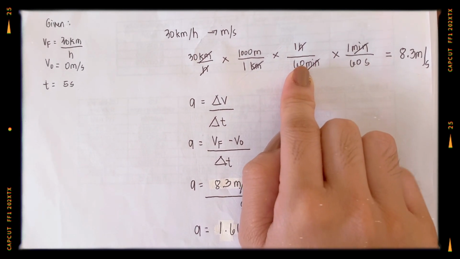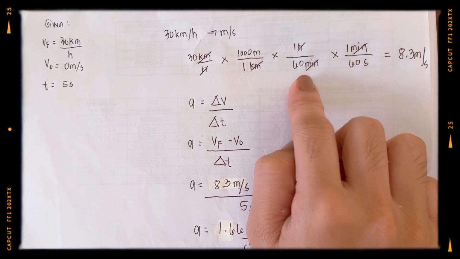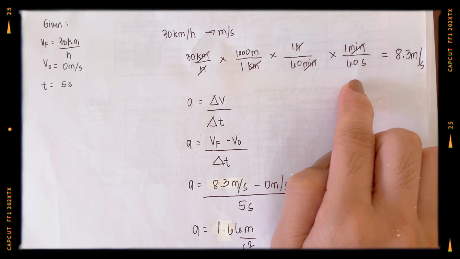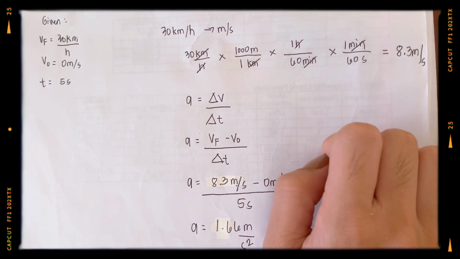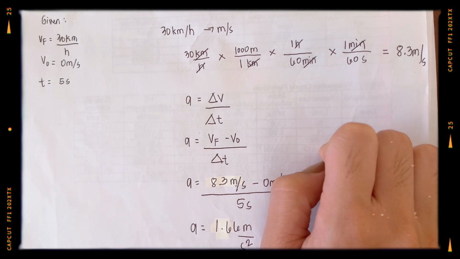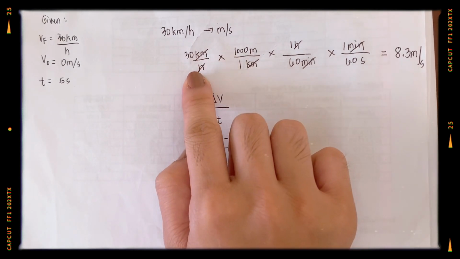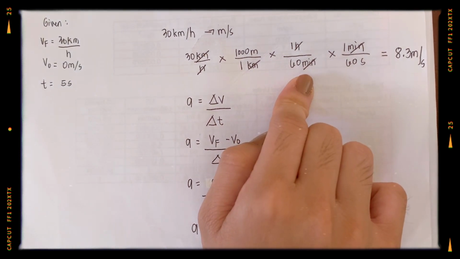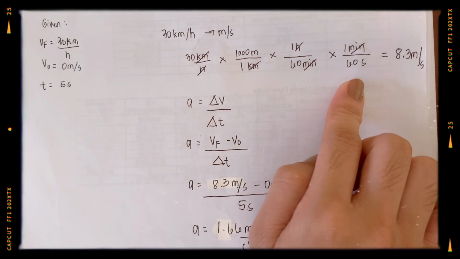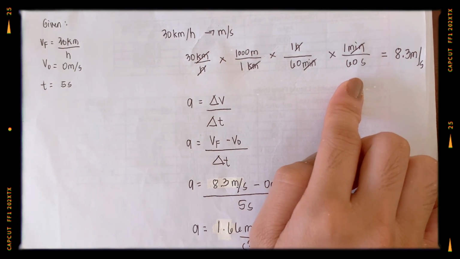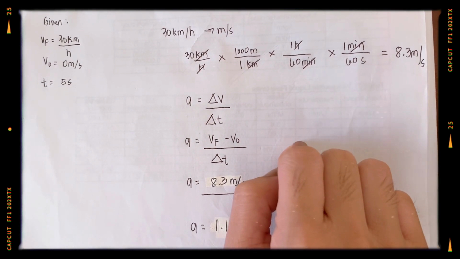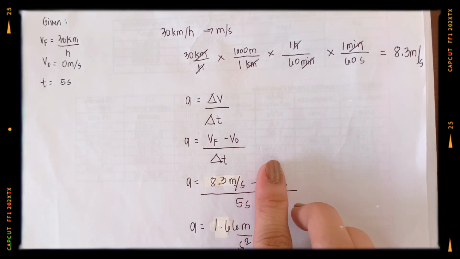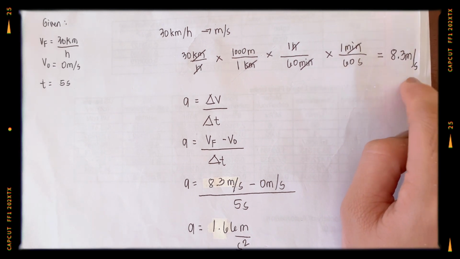The same process: 1 hour is equivalent to 60 minutes and 1 minute is equivalent to 60 seconds. Cancel the same unit and calculate the remaining numbers. 30 times 1,000 over 1 times 1 over 60 times 1 over 60, and we'll get 8.3. Then copy the remaining units, which are meters and seconds. So the final answer is 8.3 meters per second.